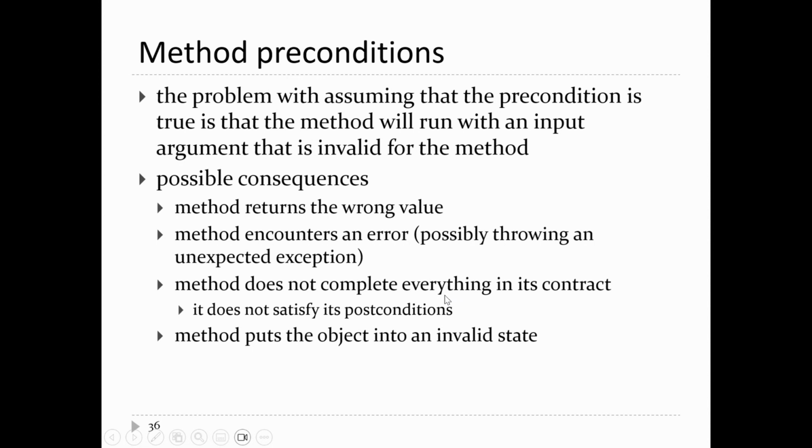What else might happen? Well, the method just ran with invalid inputs, so it's probably the case that the method can't do everything that it promises to do. And so we say that the method does not satisfy its postconditions, which we'll talk about shortly. Finally, the method might run to completion, but if it does, there's the possibility that it ends up putting the object into an invalid state.